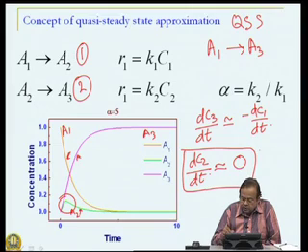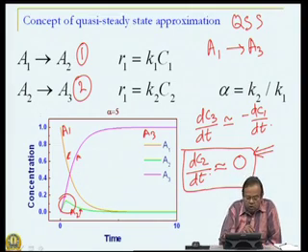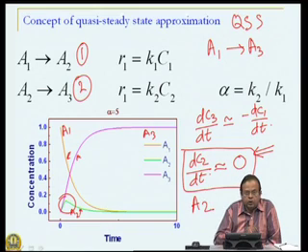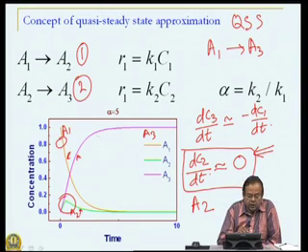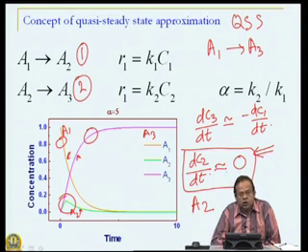approximation. That is, we can invoke a quasi steady state approximation for species A2 and say that its dynamics is much slower compared to that of A1 and A3, and therefore say that dC2/dt is almost equal to 0. This is what we call quasi steady state approximation.